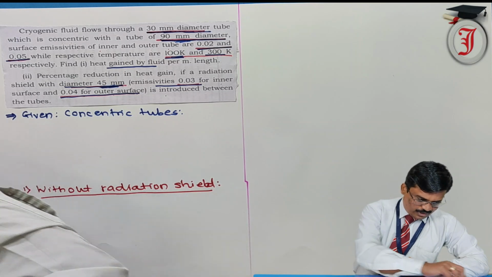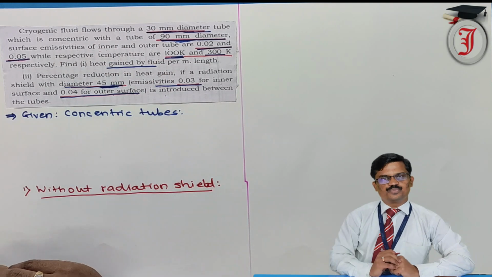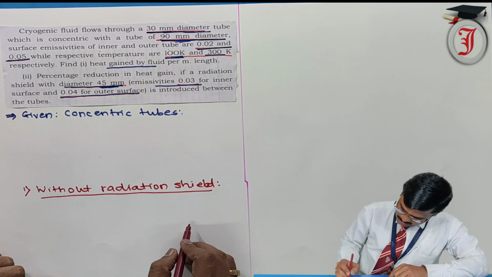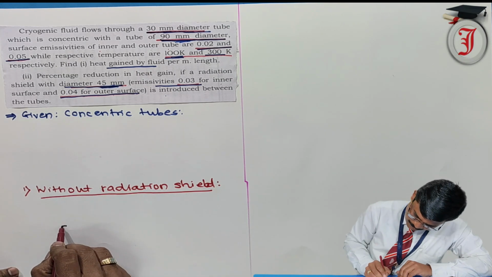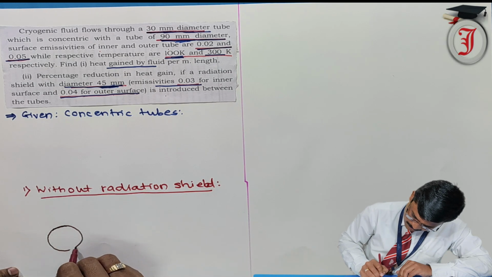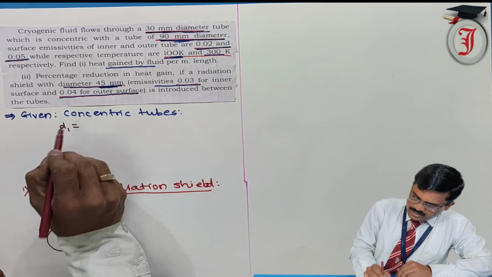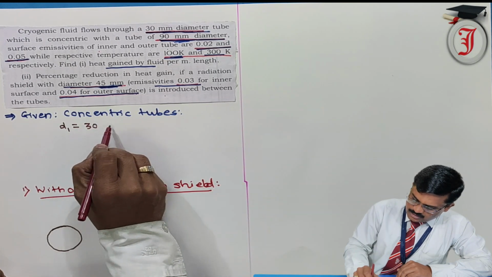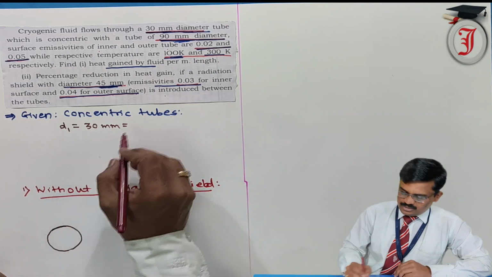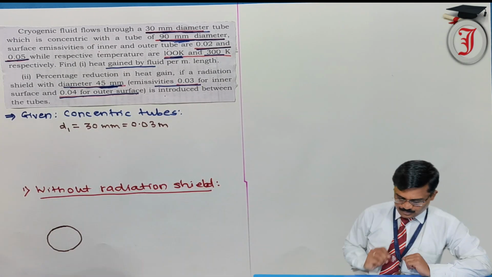We have two concentric tubes. Let us consider this as one tube, which has a diameter of 30 mm. Let us consider this diameter as D1, which is equal to 30 mm. We have to convert this into meters, so it is 0.03 meter.